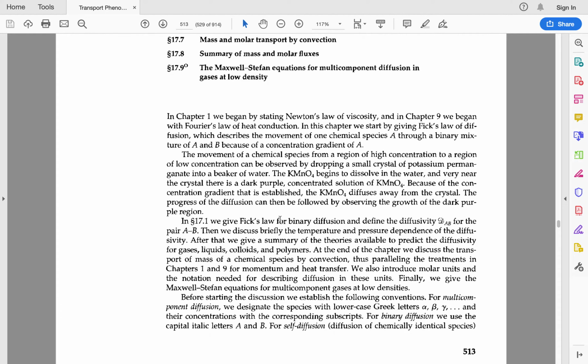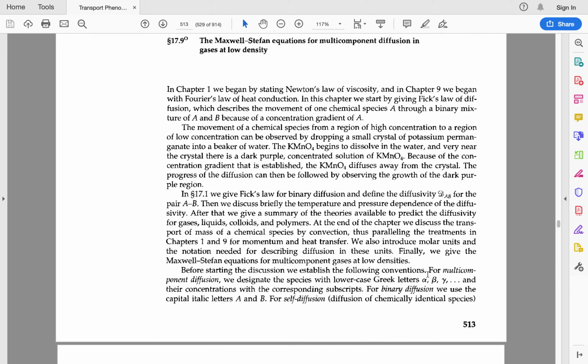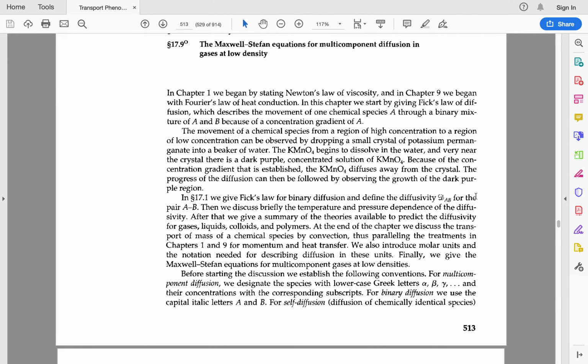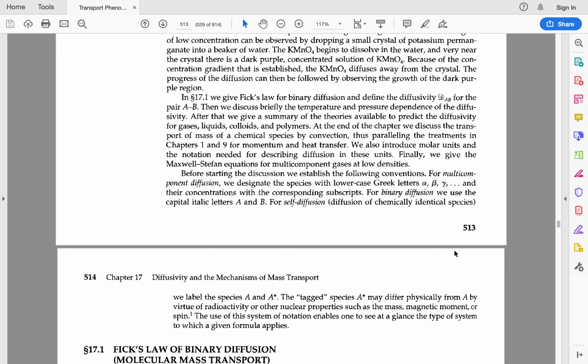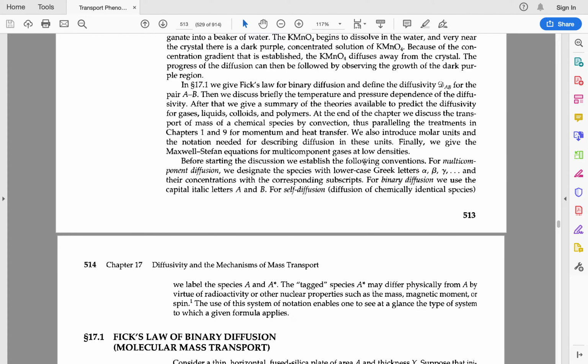So we're going to call this Fick's law for binary diffusion, and we're going to define diffusivity DAB for the pair AB. Diffusivity applies to all multi-component systems, starting with 2 components, 3, 4, and more, but what we're going to talk about here is just the binary case, only two components, A and B. Before starting the discussion, we will establish the following convention.